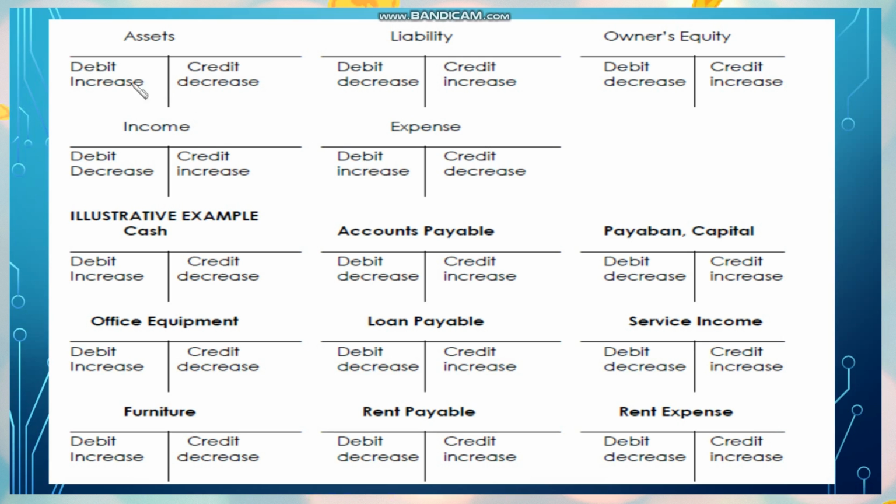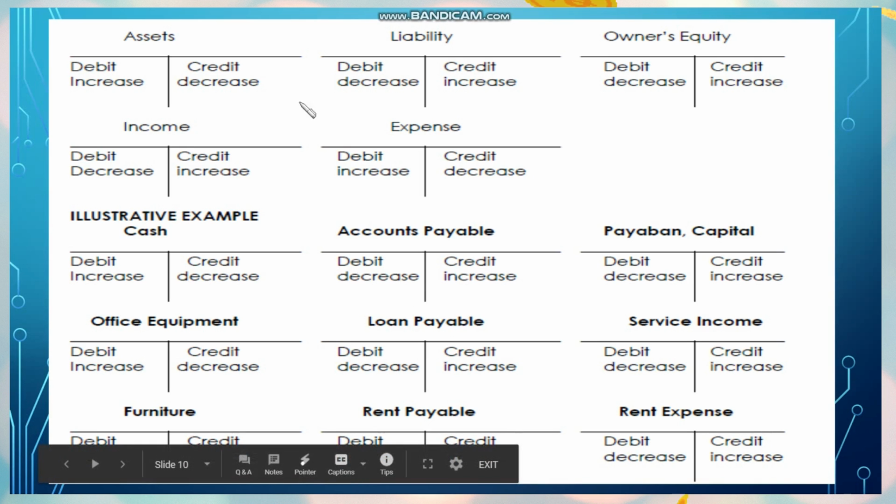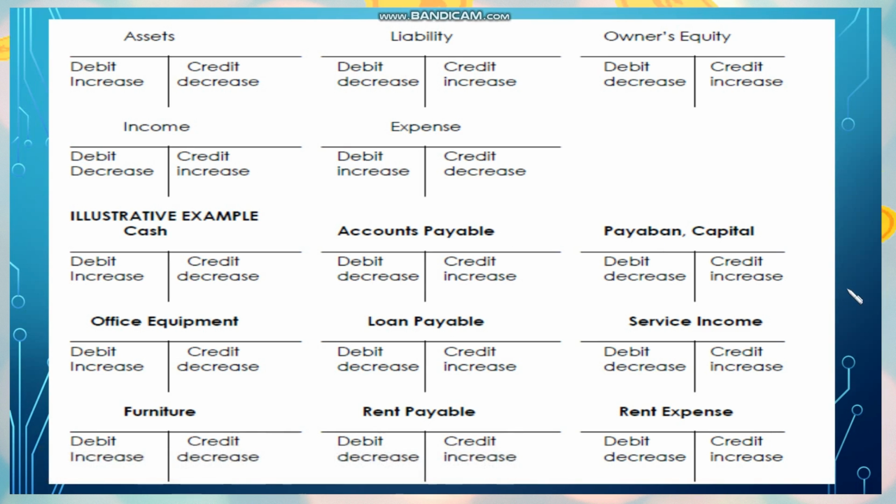As you can see in here, an increase in asset and an increase in expense are recorded on the debit side, and then a decrease in liability, decrease in owner's equity, and decrease in income are recorded on the debit side.